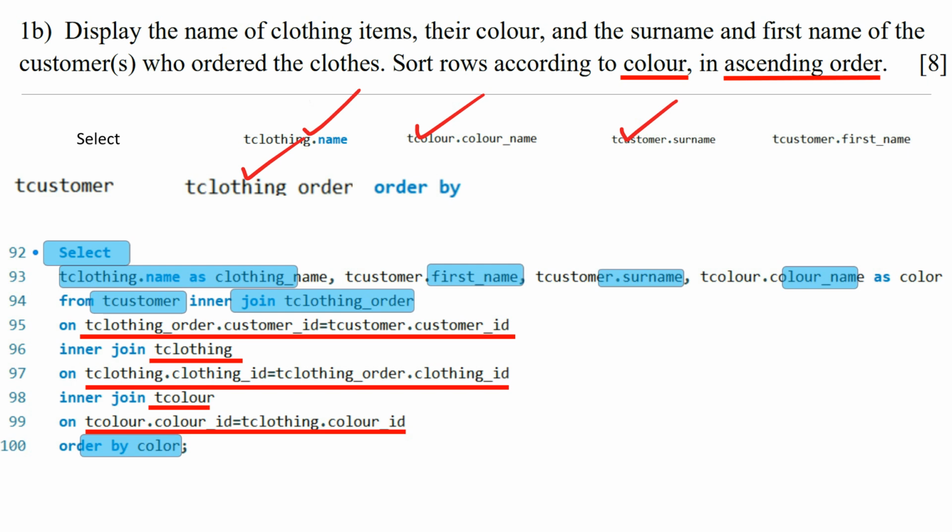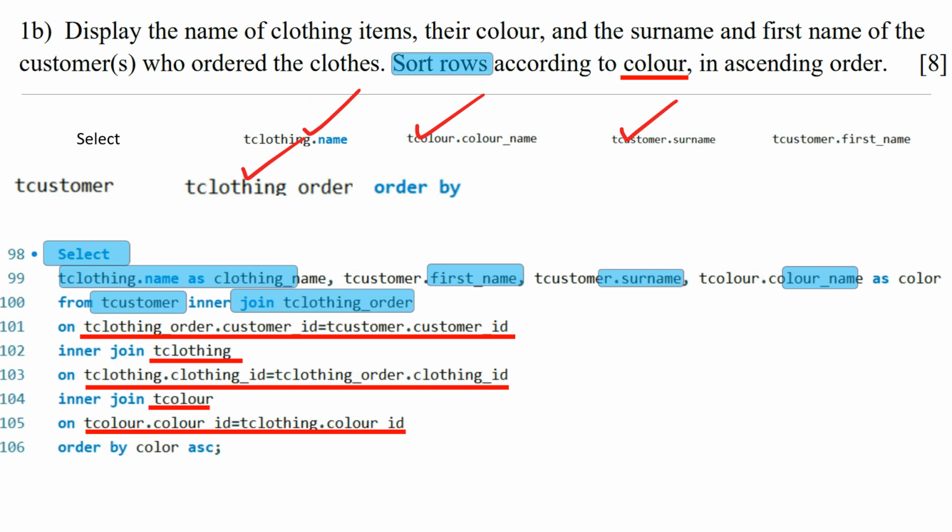Let me just fix it. Right, so order by color in ascending order. So this is the ascending order on line 106, which is saying order by color in ascending order. This will list the results in ascending order.